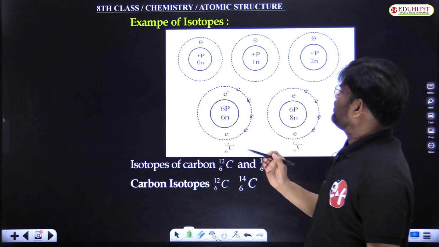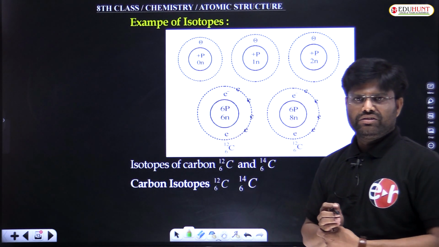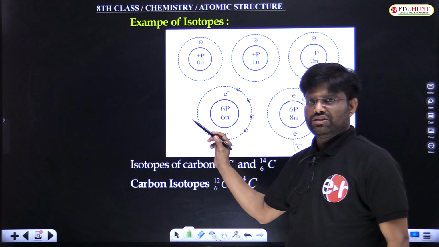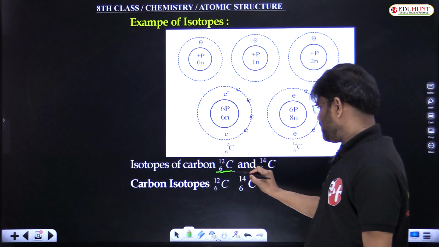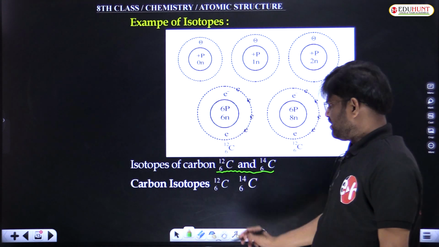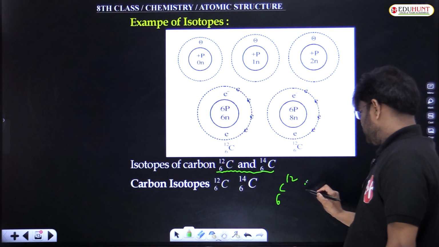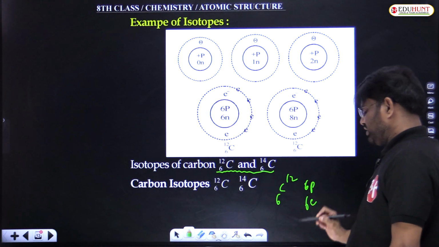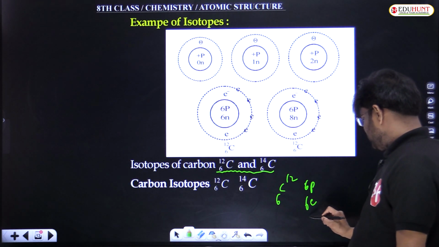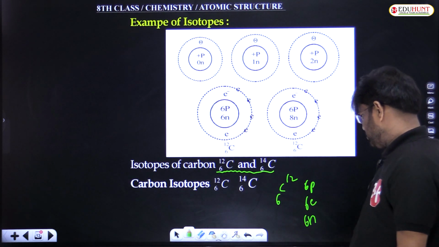Examples of isotopes. Protons and neutrons are present at the center, which is called the nucleus. Here, the first isotope of carbon is carbon-12, atomic number 6: protons 6, electrons 6, and neutrons 12 minus 6, so 6 neutrons.